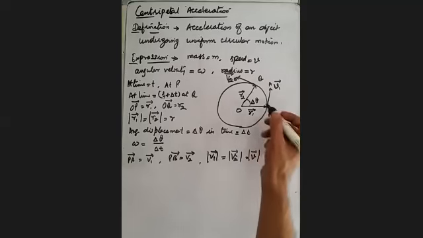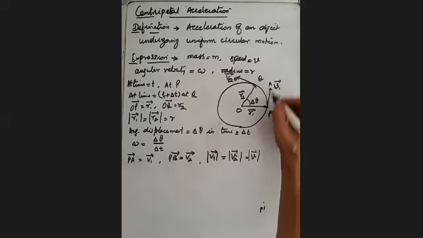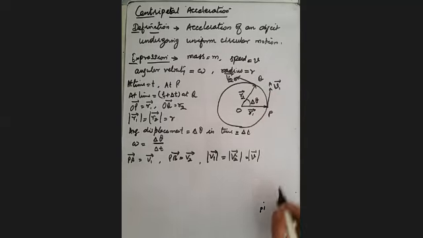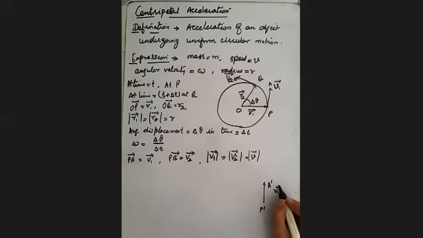To find out that change, let us consider a point P dash outside corresponding to point P and draw a vector P dash A dash equal and parallel to vector PA, which will represent velocity vector V1.